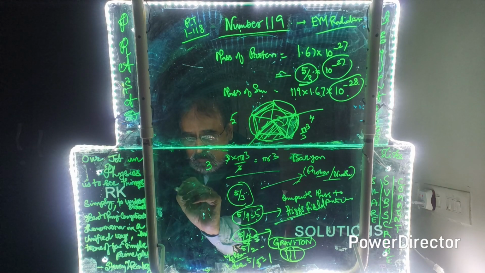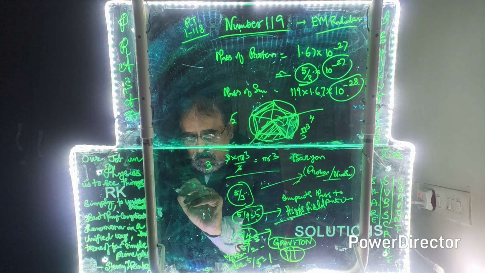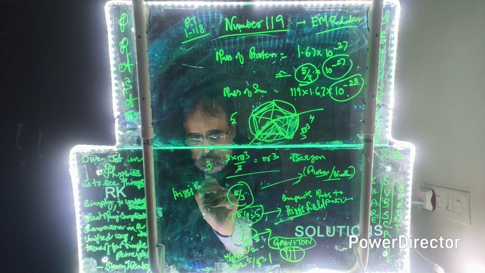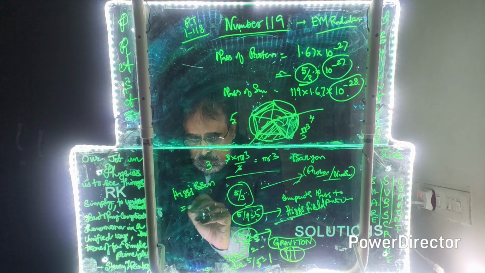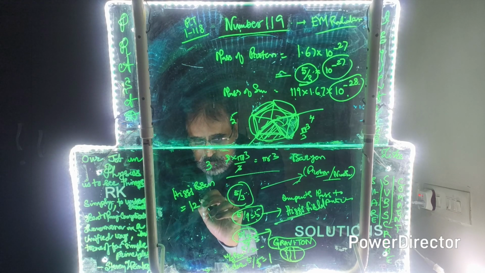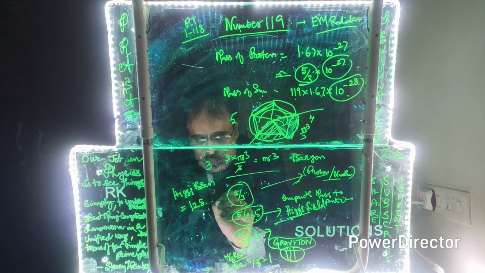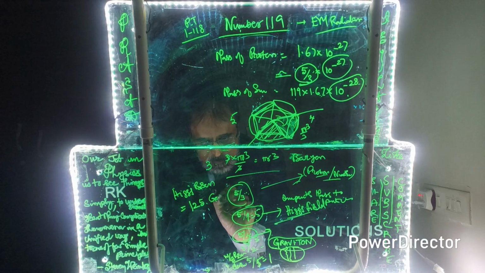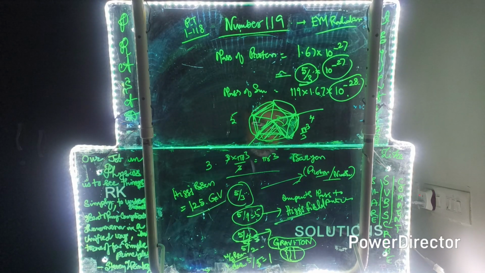So, what do you call the Higgs boson? 125 something GeV, G is energy. Yeah? So if 5 is equal to 125, let's say, what will be 5 by 4?